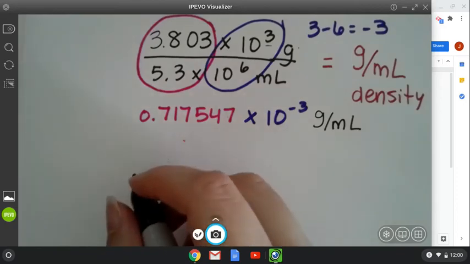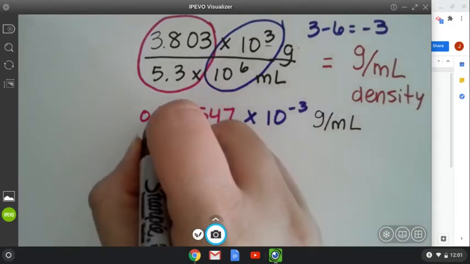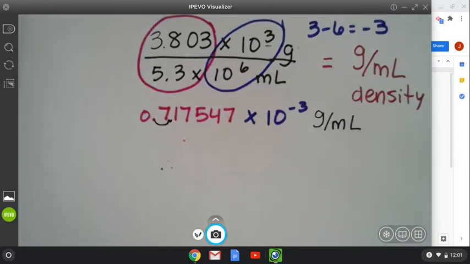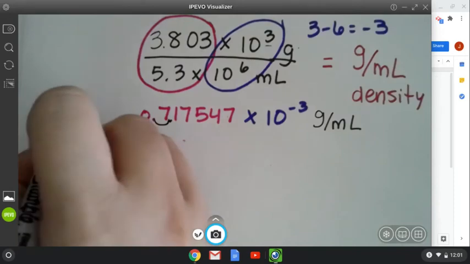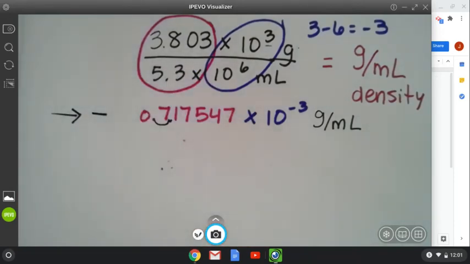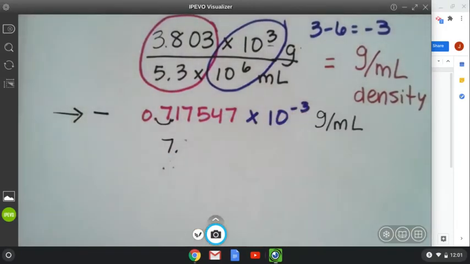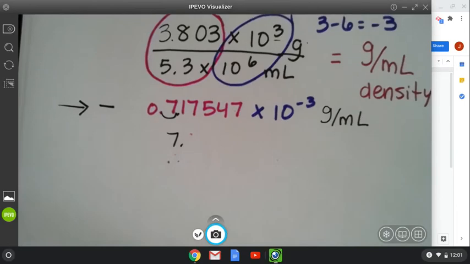Okay, so I need to move my decimal place. I want my decimal place to end up here. So if I'm going this way, you're actually going to subtract from your exponents. So 7 point, and sig figs. Almost forgot.